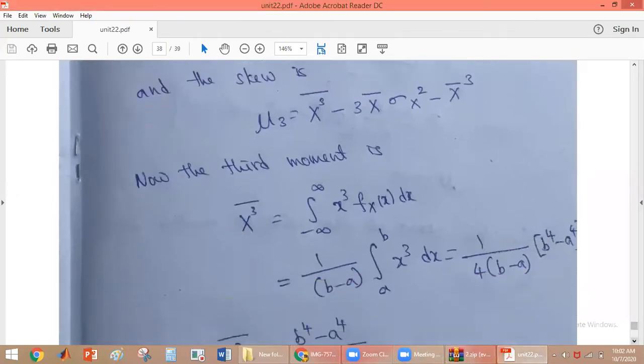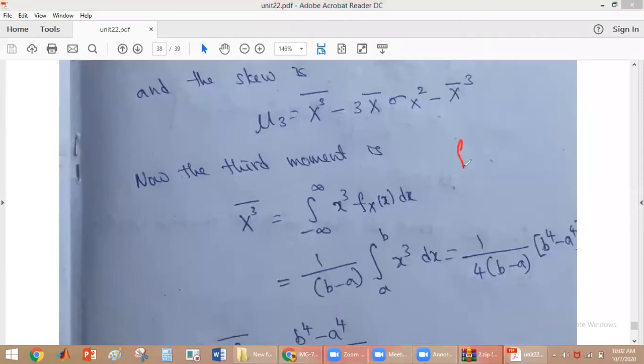And we know the probability density function of a uniform random variable: fx of x is equal to 1 by b minus a, where the x value is varying between a and b. Okay, so this is the x range. So this is the probability density function for a uniform random variable.